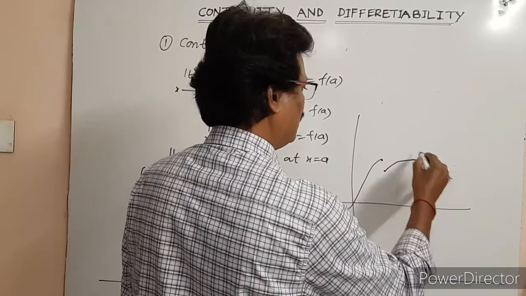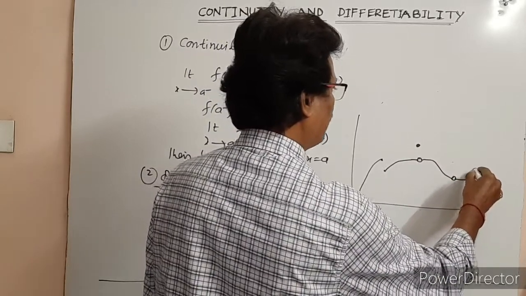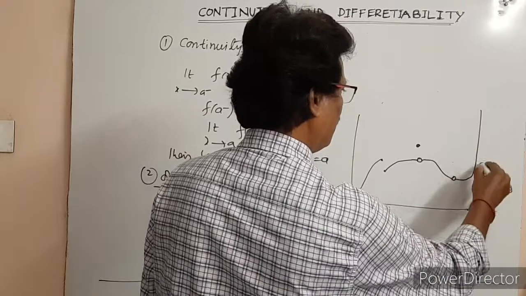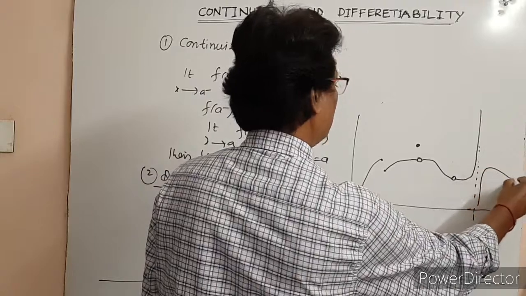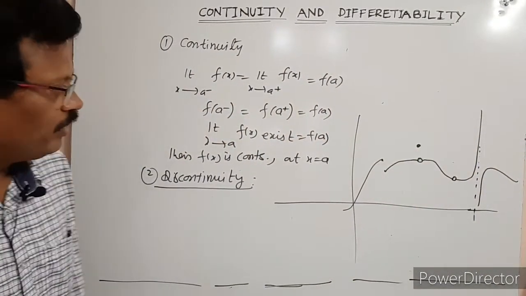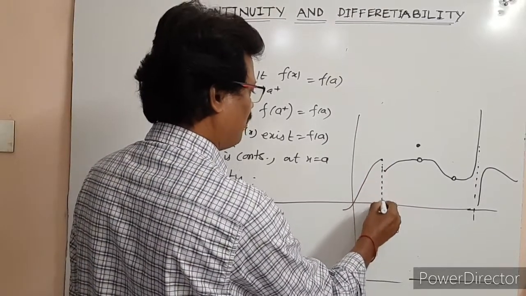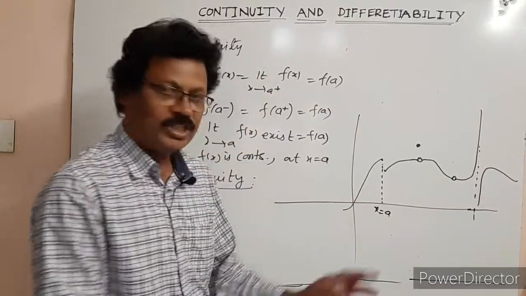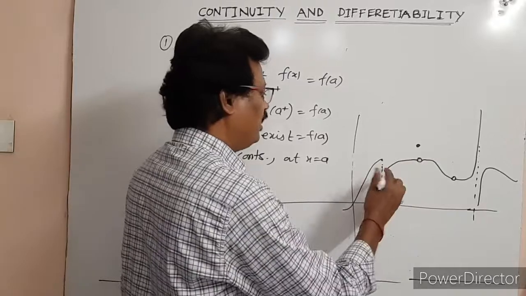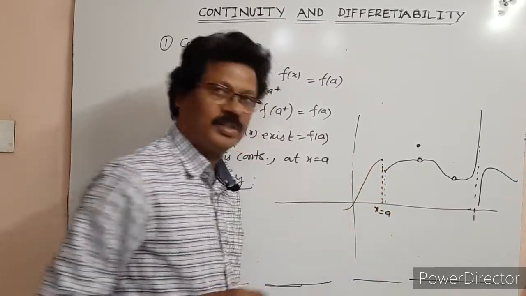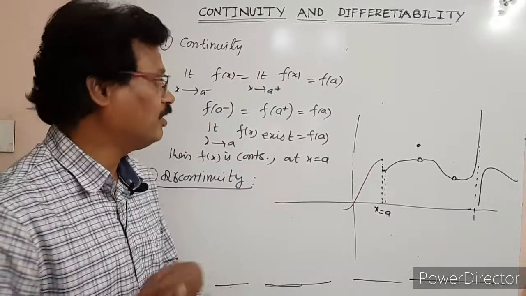At this point there is a break, and the graph again goes to plus infinity and starts from here. Now if you see this graph, at this particular point x equal to a, the left limit is this one and the right limit is this. Therefore the left limit is not equal to the right limit, therefore that is discontinuous.